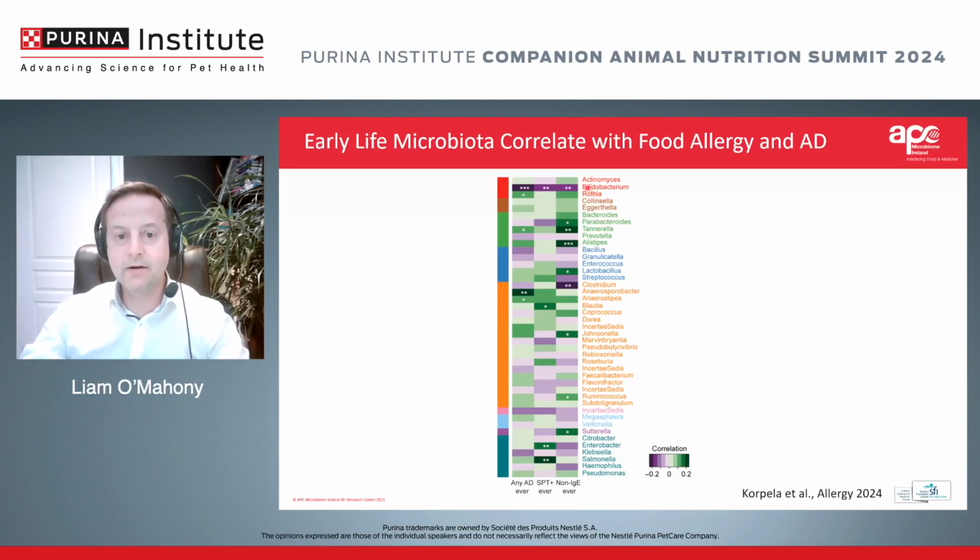What stands out here are bifidobacteria. So these are negatively correlated with the risk of atopic dermatitis or sensitization to food allergens. So the more bifidobacteria you have, the more protected a child seems to be against developing both food allergy and atopic dermatitis.